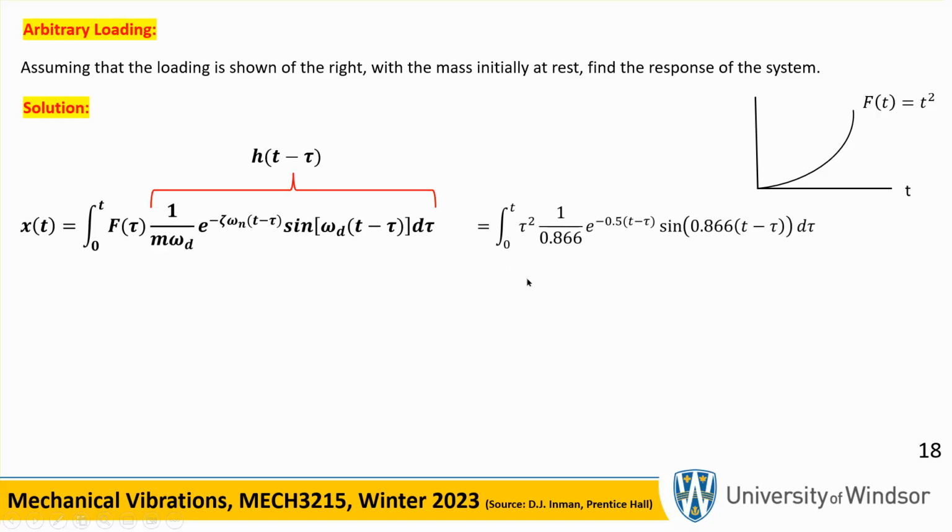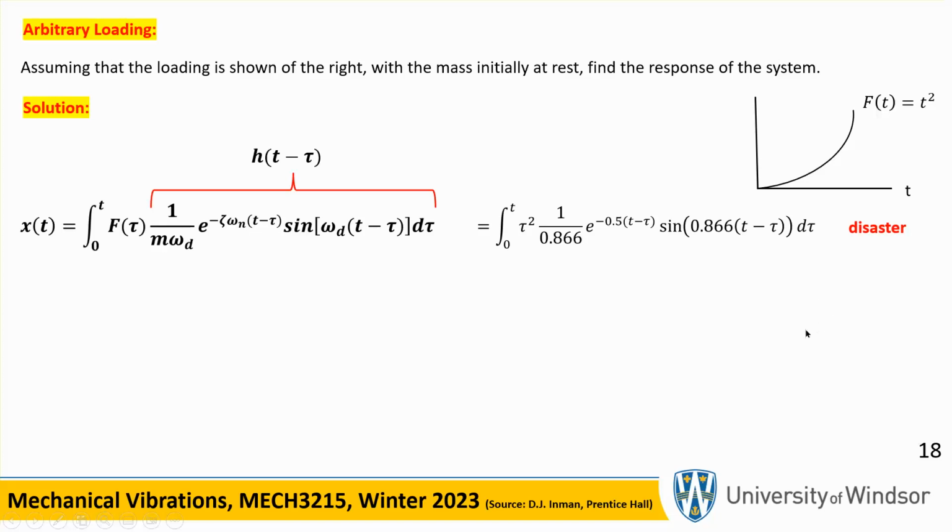It gives you the same thing. So just literally plug the f of tau in here. It's going to be tau squared, because f of t is t squared. And this is an ugly integral. There is a tau squared here, there is an exponential in tau, and there is sine of tau, etc.